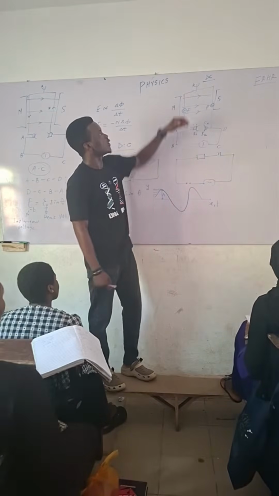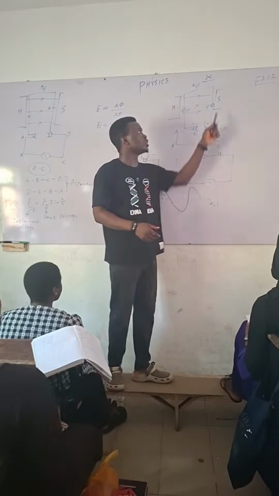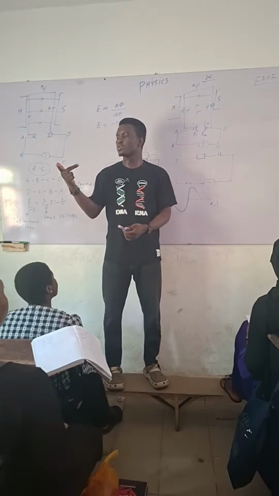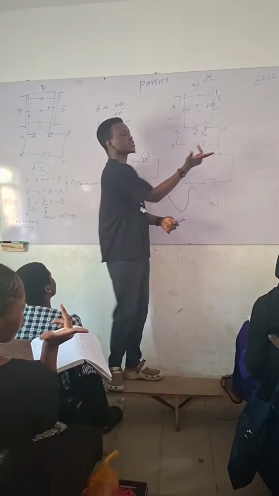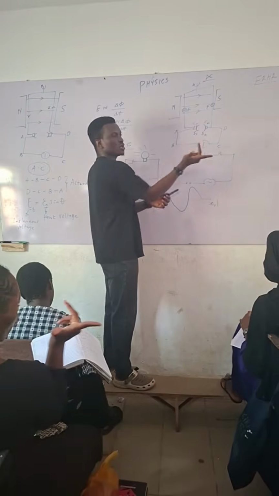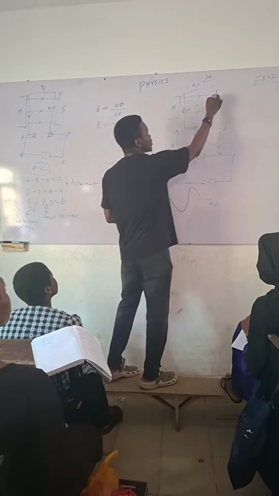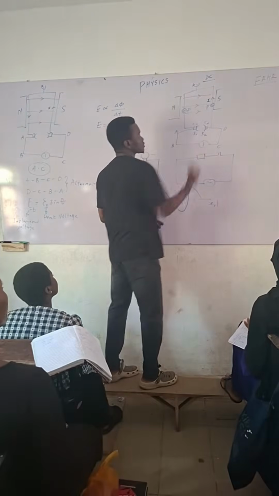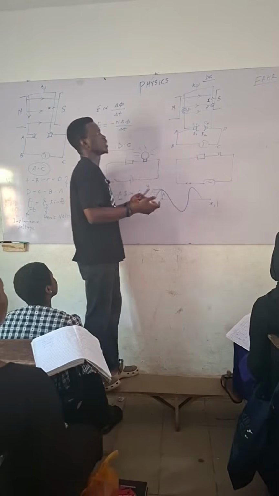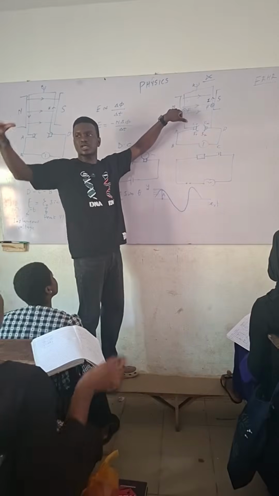So now, from what we have here, where will the current be going? Is it up or down? Because when you do your Fleming's right-hand rule, the force is coming out, then the field is going this way, then your current is showing up. Do you get that? So that means the current is going to go up. Now, when you get to this side, the force is going inside.